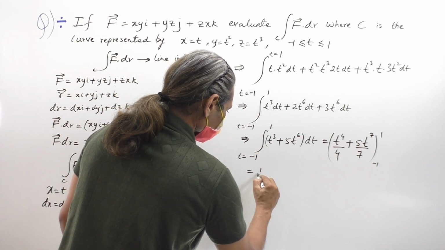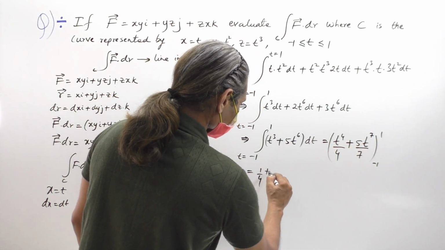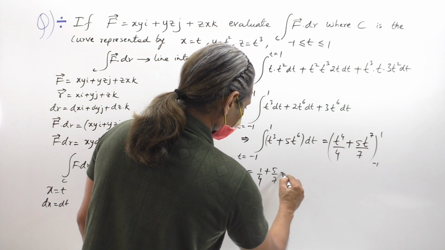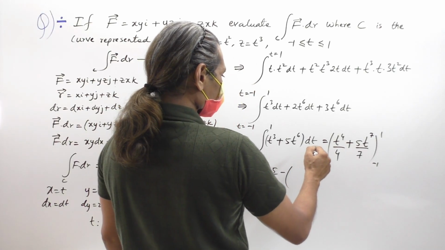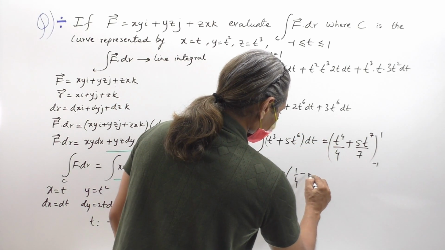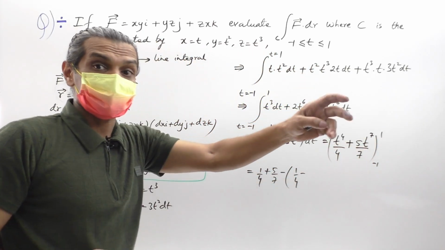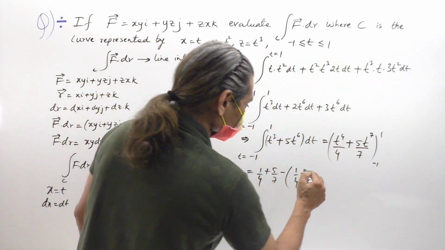So this will be now, in place of t put 1: 1 by 4 plus 5 by 7, minus bracket. Again in place of t put minus 1, so minus 1 raised to 4 will be plus 1 only, 1 by 4, minus, and in place of t raised to 7 put minus 1, so it is odd, so it will be minus 5 by 7.